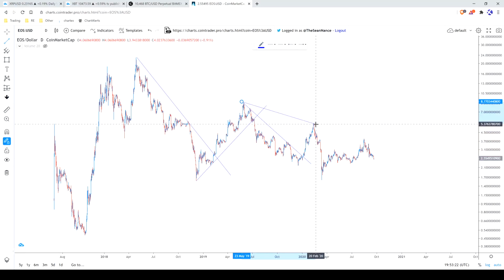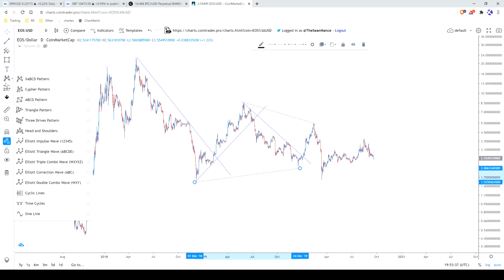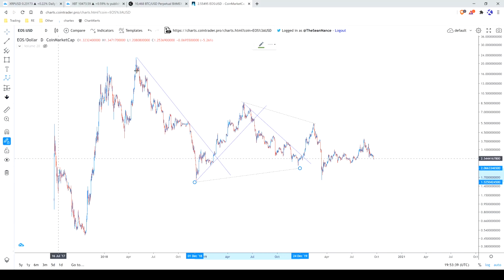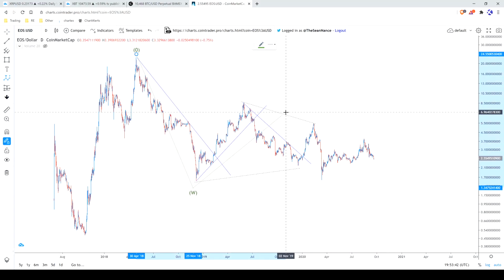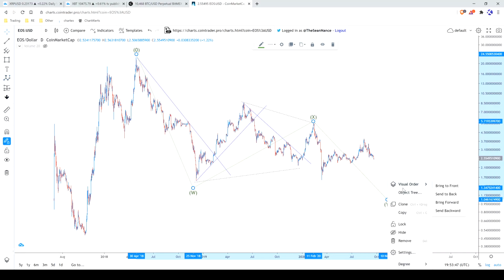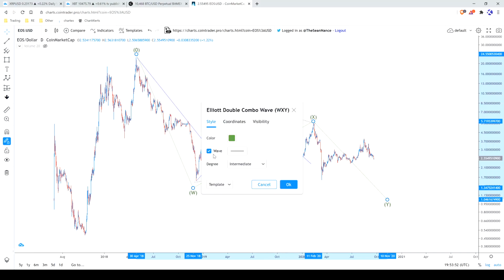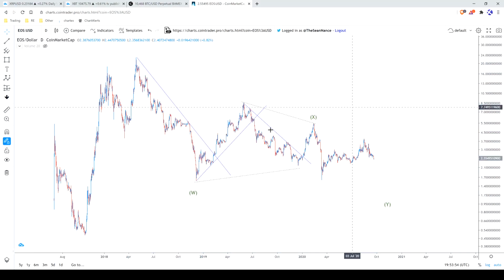Draw a new one before I change it. Perhaps we have a structure here, and we're making a W, X, Y type formation, where it's a large three-wave correction.